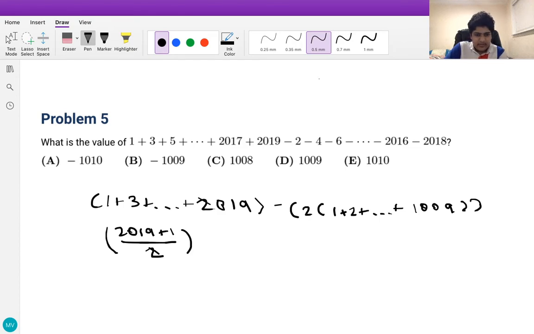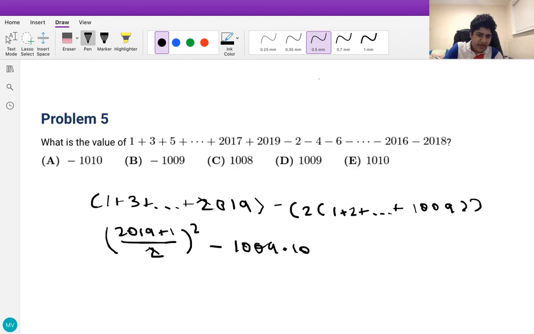And then we subtract the second part, which we know is going to be 1009 times 1010 divided by 2, all multiplied by 2, which is simply 1009 times 1010.